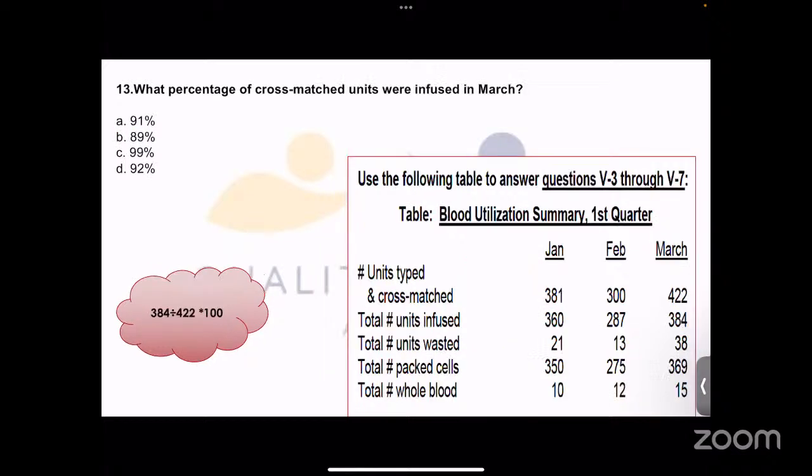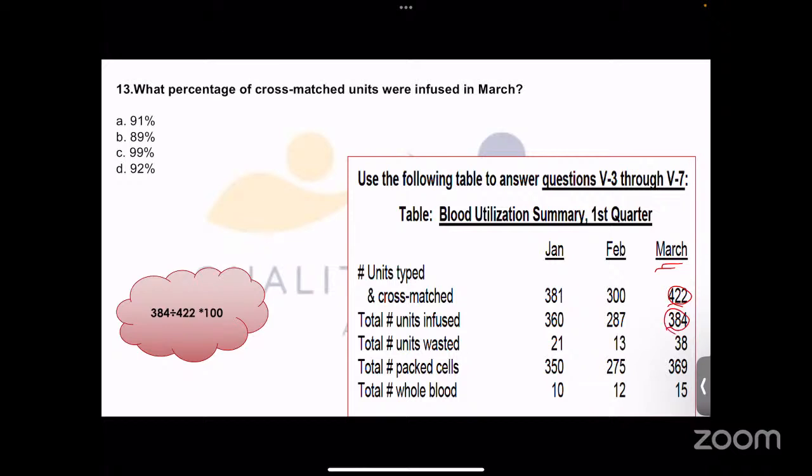Number 13, what percentage of cross-match units were infused in March? Letter A, 91%, B, 89%, C, 99%, and D, 92%. Looking at March, total units cross-match was 422. Infused units was 384.